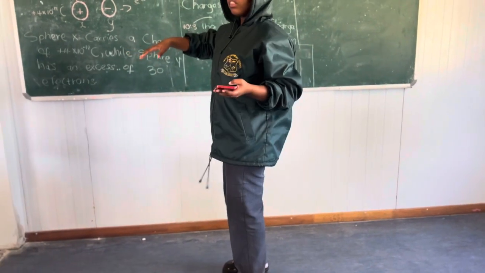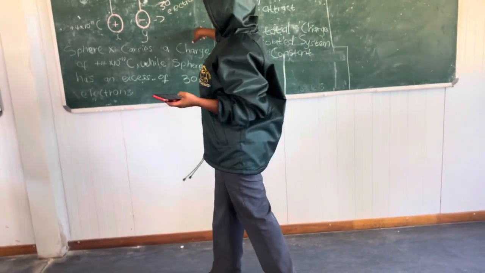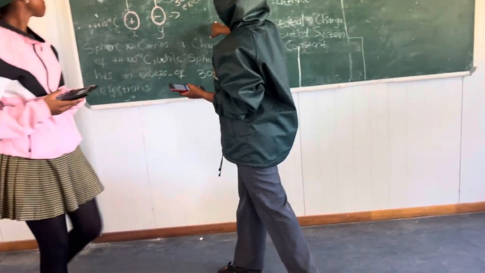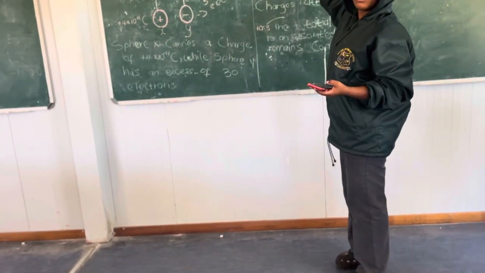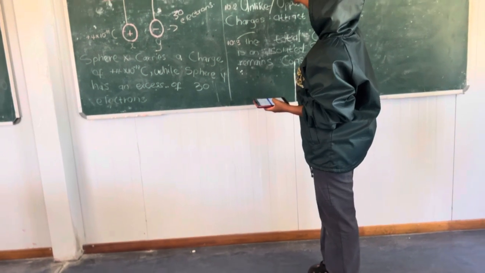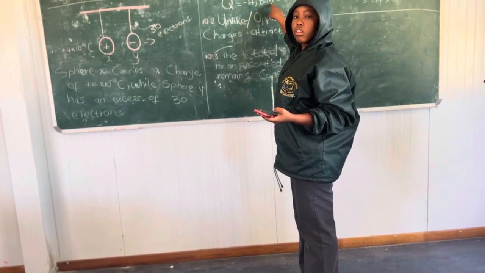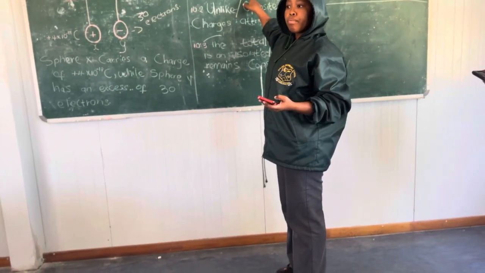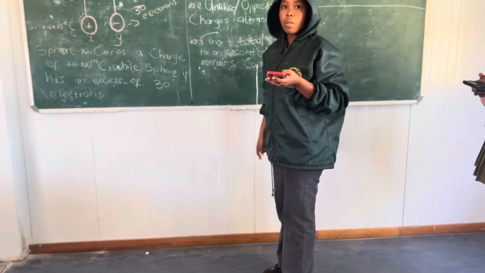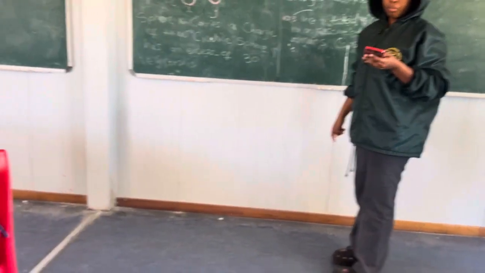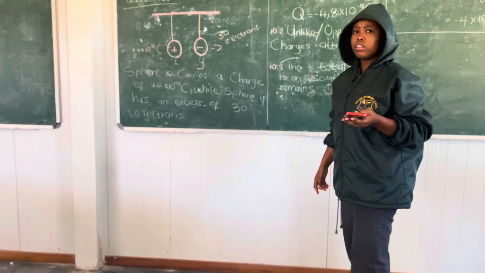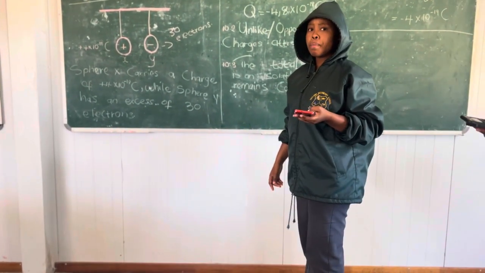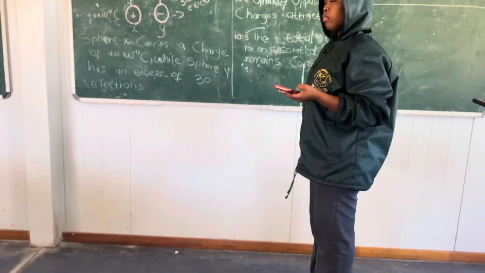X is 4 and Y is minus 4.8, so Y has the greater charge, because it has more electrons. So what happened at sphere X? Do we have electrons, or were electrons removed? It's positive, so electrons were removed. When they are brought into contact, electrons will move from where to where?